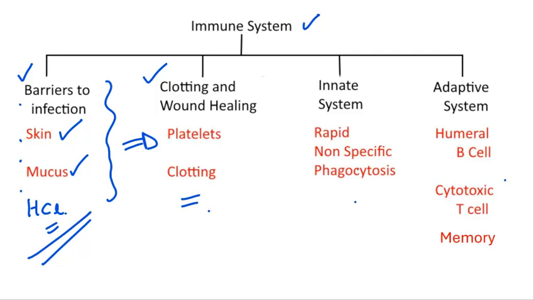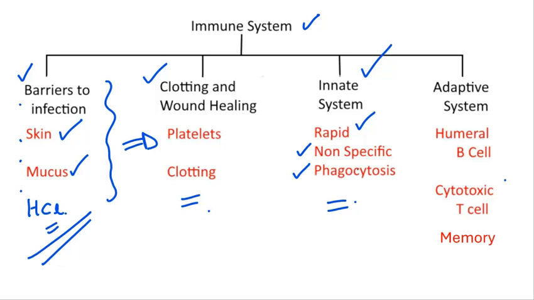In the next video, we will consider the innate immune system. Now, this is a rapid response to a pathogen gaining entry into the body. It's non-specific, so it's a generalized system dominated by the process of phagocytosis, in which white blood cells engulf pathogens. So that will be a video for us to look at as well.